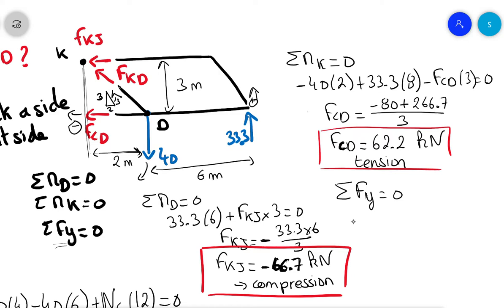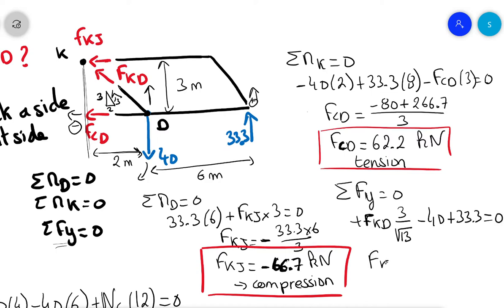So we have plus FKD, but just the vertical component of KD, so this one. So that's times 3 divided by square root of 13, minus 40 plus 33.3, it's equal to 0.